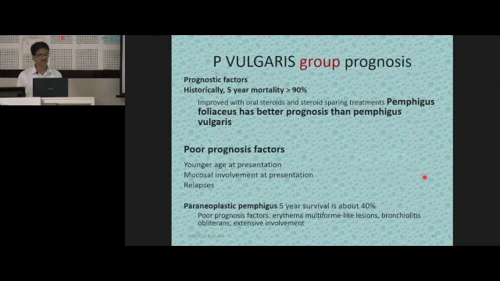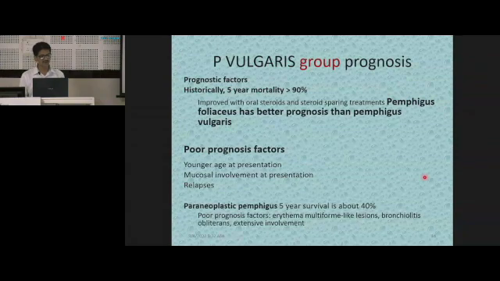Now, prognosis. Historically, the 5-year mortality in the old days for pemphigus vulgaris was more than 90%, and the patient would die because of various kinds of sepsis that he would develop because of so many excoriated lesions on the body surface. Now it has improved because of oral steroids and steroid preparations plus other immunotherapeutic agents available now.